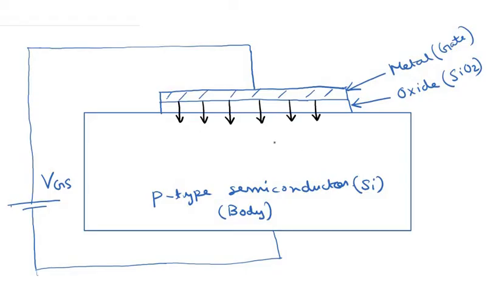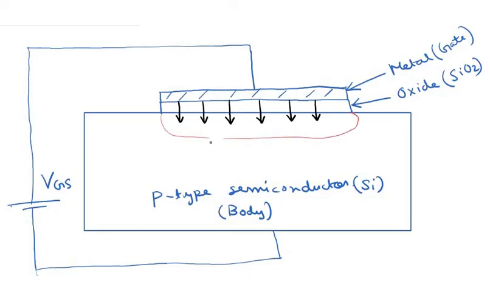If this electric field impinges the body, it would repel the holes that are present on the surface of the body. This p-type semiconductor contains holes, and when this electric field impinges on the surface of the body, it repels away the holes present in this region.